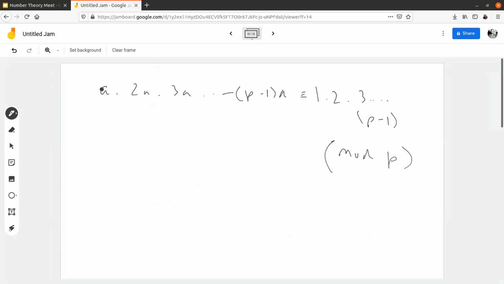Why is this? Because all these things will give you unique modulo with respect to p, and there are p minus 1 numbers, and p can have at max p minus 1 unique modulos.